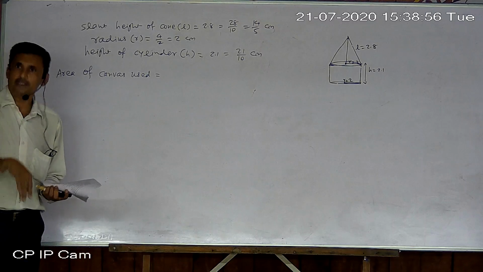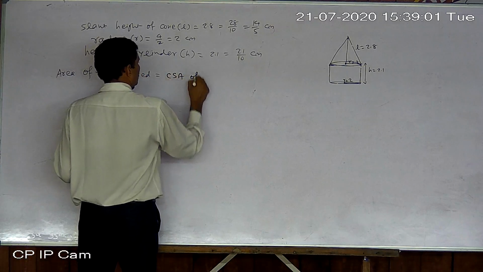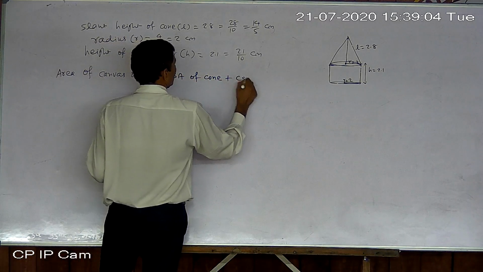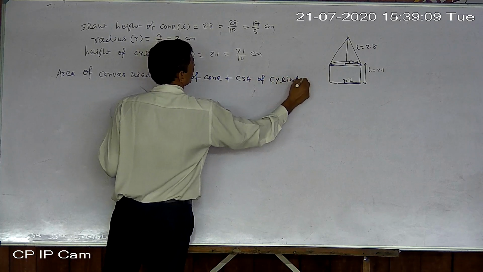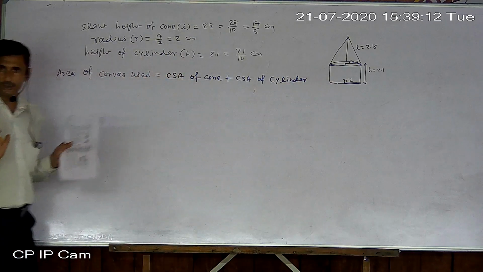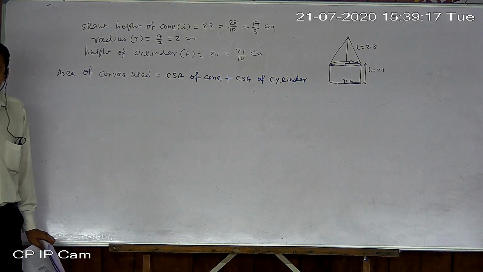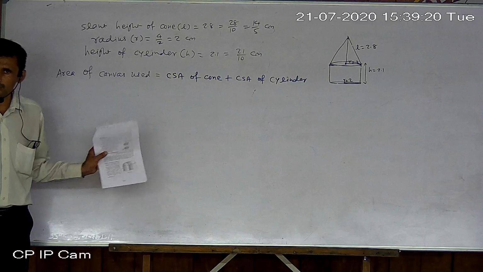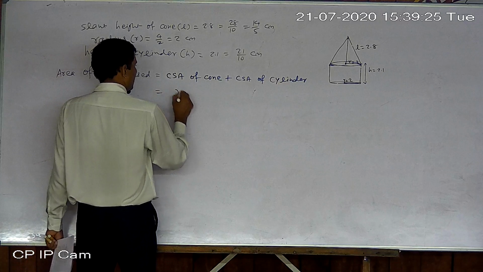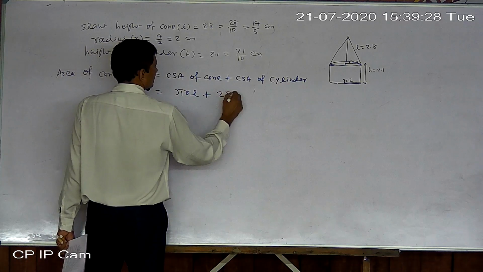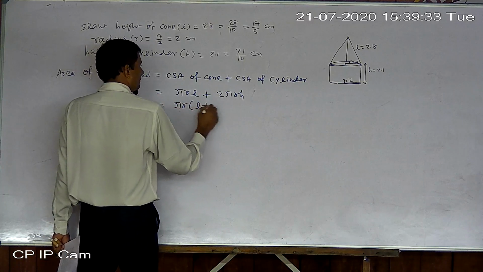Surface area of tent means canvas is equal to CSA of cone plus CSA of cylinder. Just look there. No bottom is there. So don't write pi r square because canvas is not used there. Just understand. Whether it is conical or of this type, ground is ground, not canvas or any material. So it is pi r L plus 2 pi r h. Everything is ready. So take pi r common, L plus 2h.